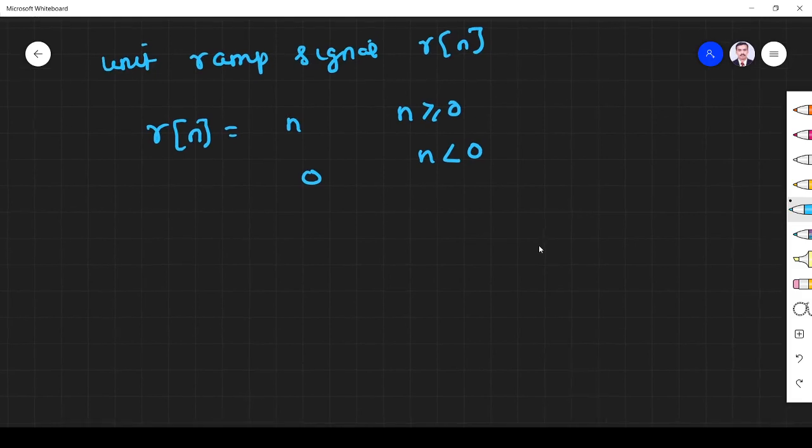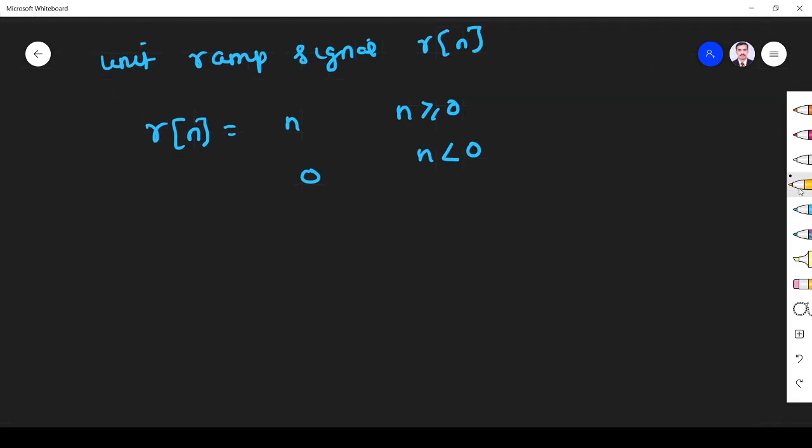This is r of n. Let us see how to draw this. The x-axis is n and the y-axis is r of n. First we substitute n equal to 0. When n is 0, r of 0 is equal to 0.